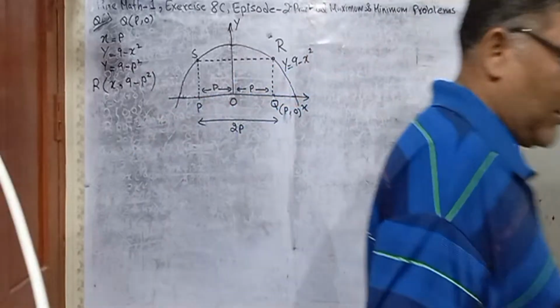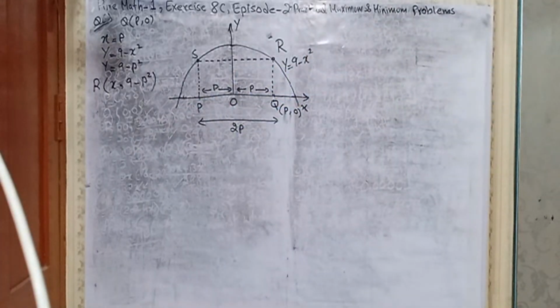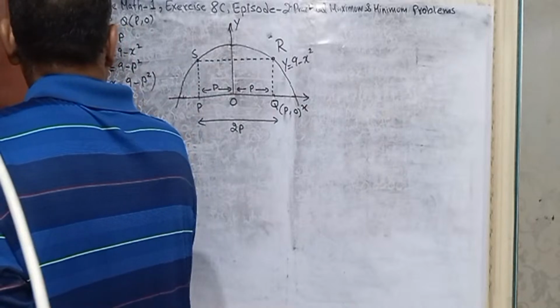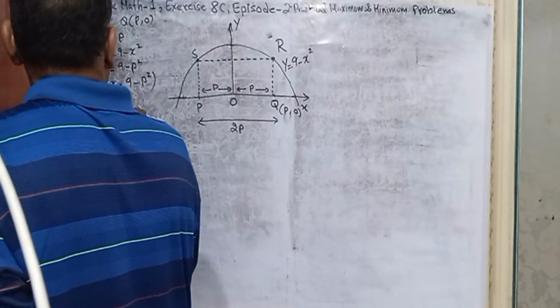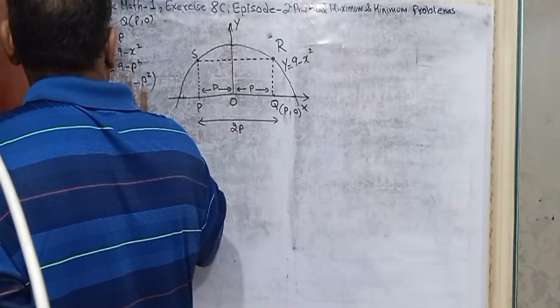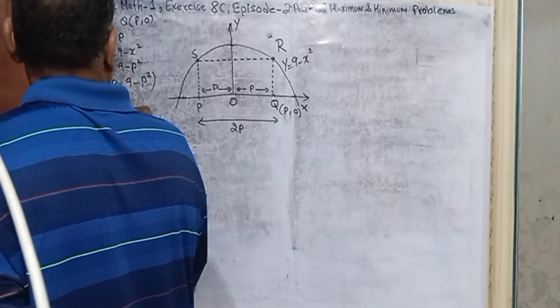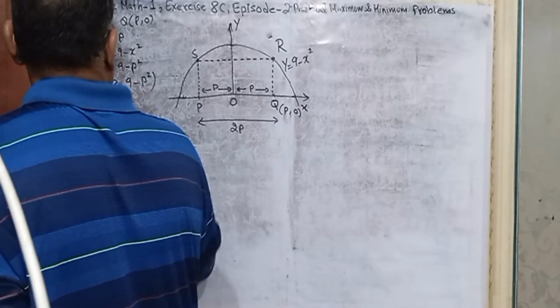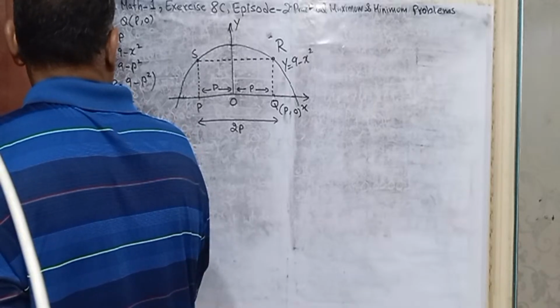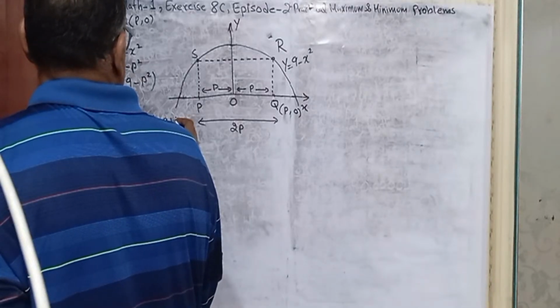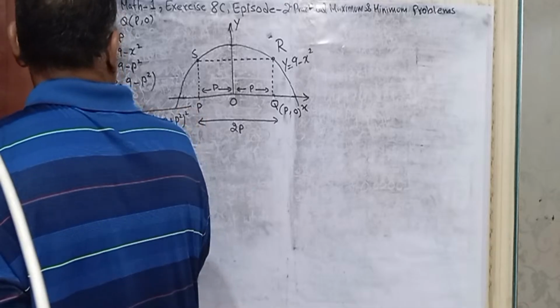The question is to find the length of QR. So the QR length will be the square root of (p minus p) whole squared plus (0 minus (9 minus p squared)) whole squared.